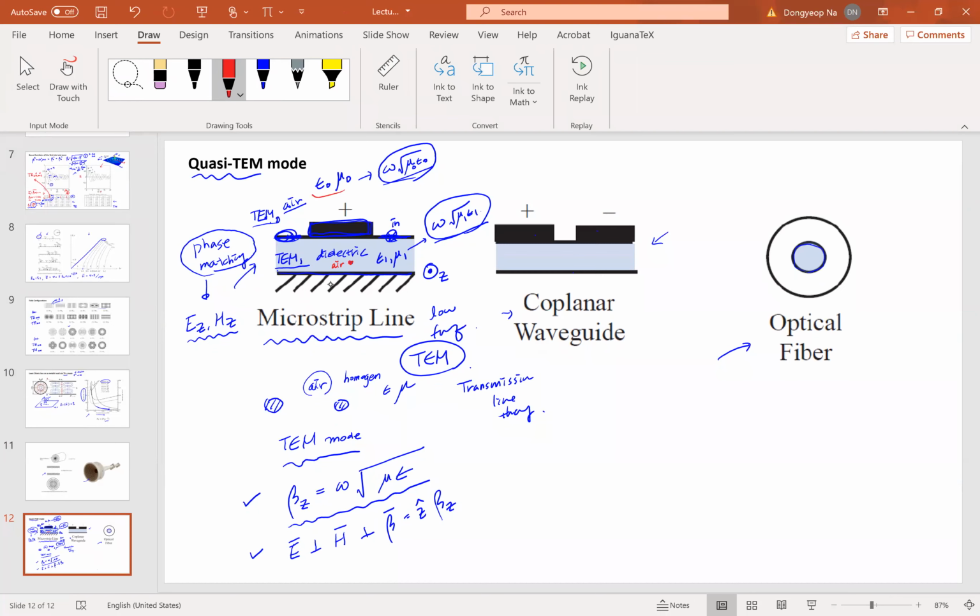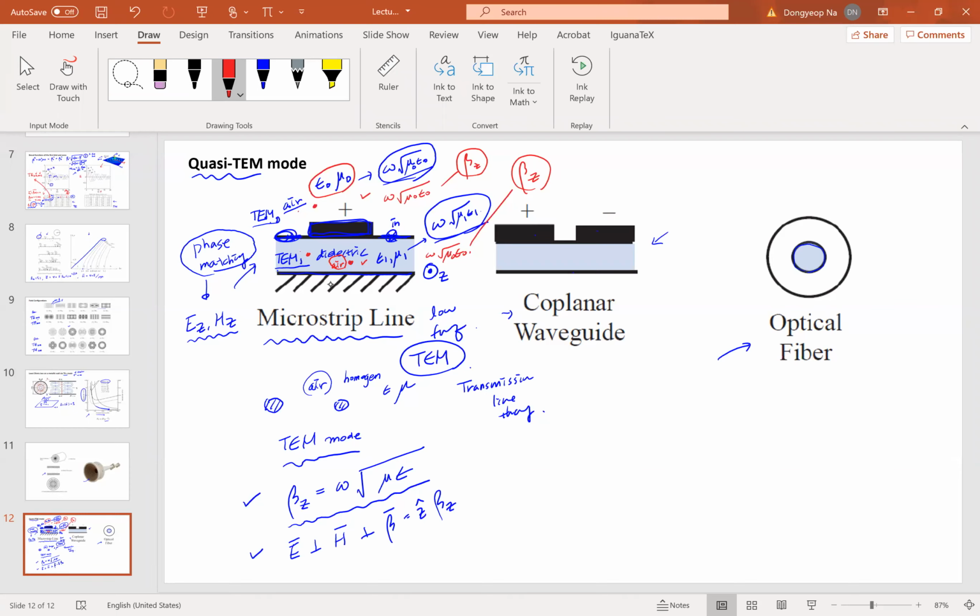then the material property in this region and in this region are the same, so that the propagation constant is going to be omega square root of mu naught epsilon naught. So it's going to be the same beta z for the wave propagating in the region above and the region in between these two metallic structures. Because the media are the same, their propagation constants are the same.